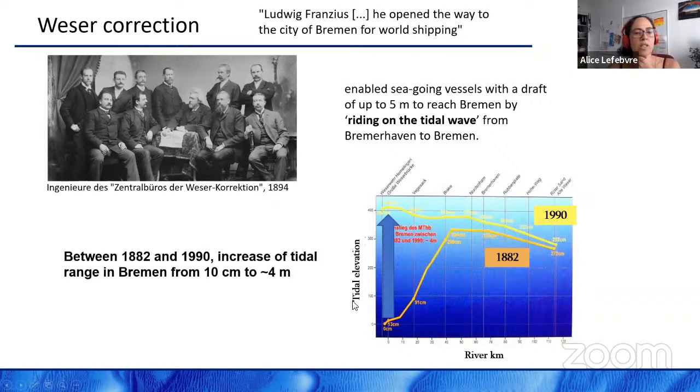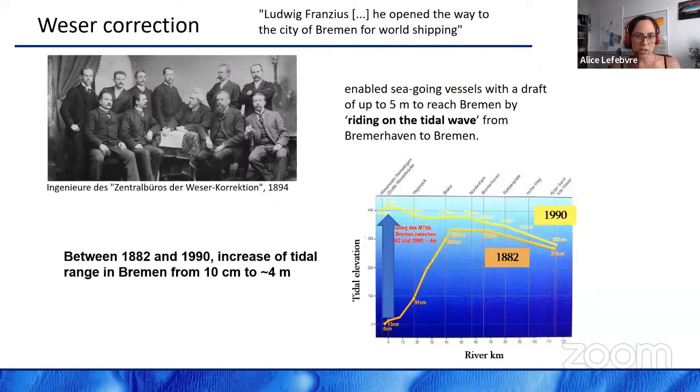And I would like to look at this one. This is showing the tidal elevation along the river kilometers in the Weser. Here that's kilometer 0. So here we are in Bremen, and at 120 we're in the North Sea. If we look at 1882, that's this orange line, the tidal elevation was around 3 meters in the North Sea, increasing a bit up until mid-estuary, and then it was being slowed down, and we had only 10 centimeters of tide in Bremen.